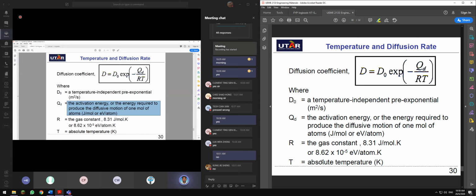Definitely I'll be giving you this if you have an example. R is your gas constant and T is temperature in Kelvin, absolute temperature. Just take note of this formula.